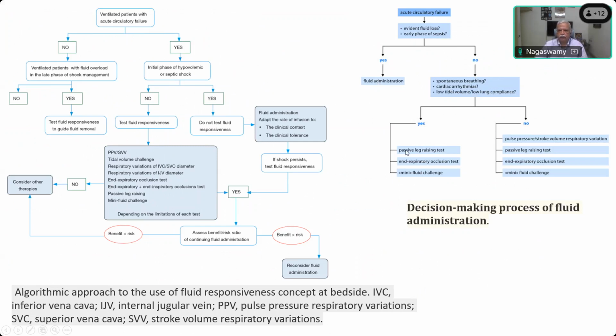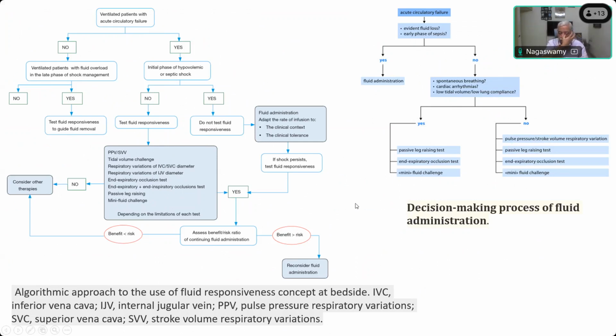If it is present, go for passive leg raising test, end expiratory occlusion test, or mini fluid challenge. Otherwise, if there is no indication of spontaneous breathing or arrhythmias, then use other tests like pulse pressure variation, passive leg raising, end expiration occlusion, and mini fluid challenge. So this is how these tests are used to assess the process of fluid administration in these patients.